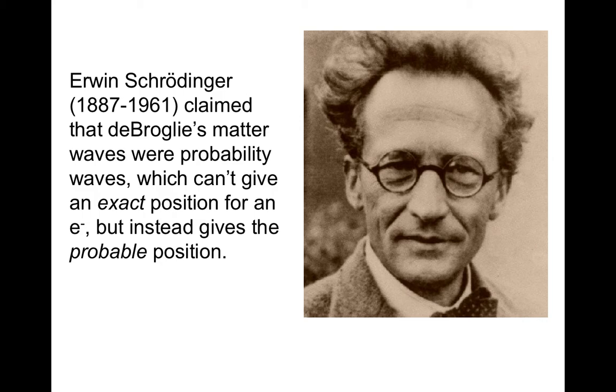Right? And so Schrodinger used some of the wave properties with looking at the models of the atom. And so he knows that matter waves are probability waves, and you can't know the exact position for an electron, but instead you know the probable position where you'd find an electron.